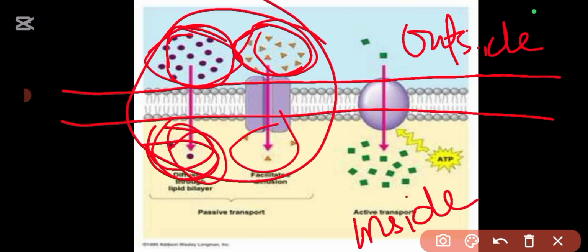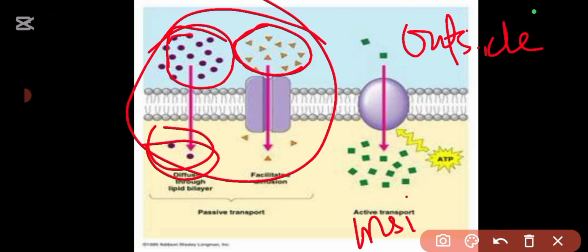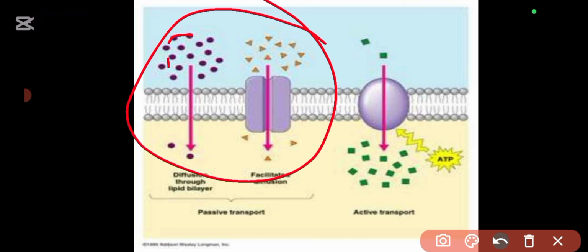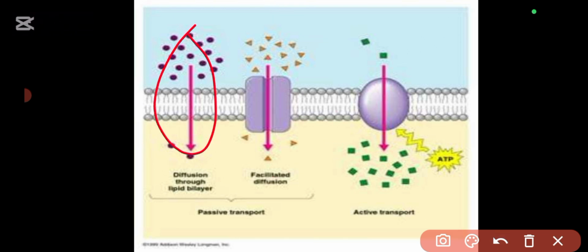Okay, I want you to take note of something here. You will notice that one is moving just through the membrane, while for this one, there are certain substances we call carrier molecules that help them to be moved into the cell.